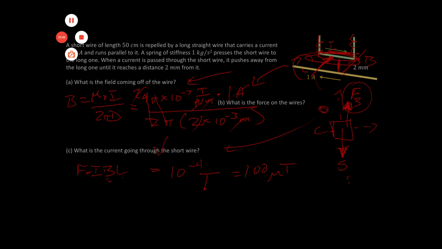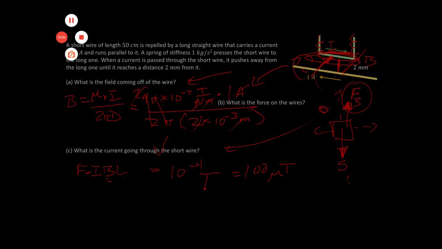All right, so that's not much of a hassle. Let's see, what's the last bit? The last bit is the current going through the short wire. That's where we take the force, which we know is I times B times L, to find the current.